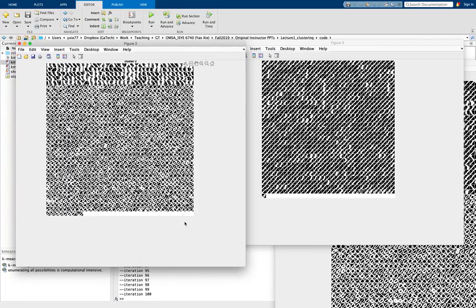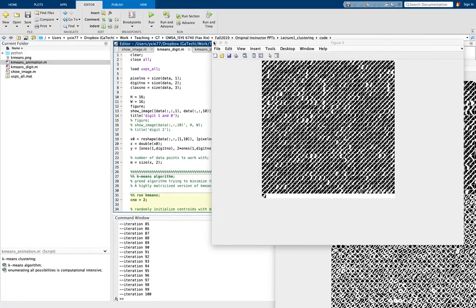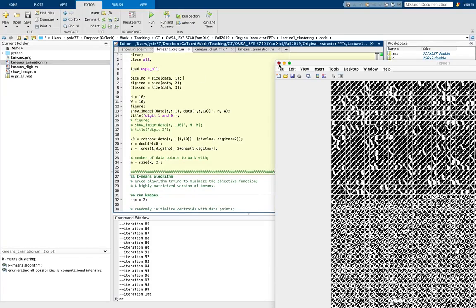And this is a cluster for the zeros. These clusters contain mostly 0s, although there are some that, because the way they're written seems to be wide, are mistaken as 1s. As you can see, the algorithm has tried its best, but because the data is noisy, it's not going to be perfect. And this is the first demo.